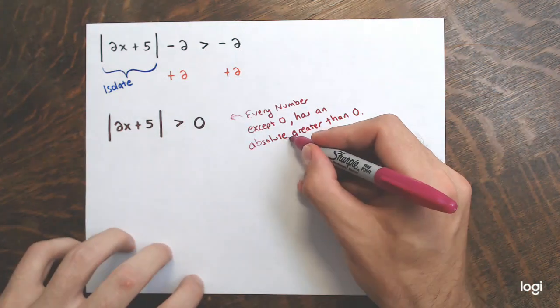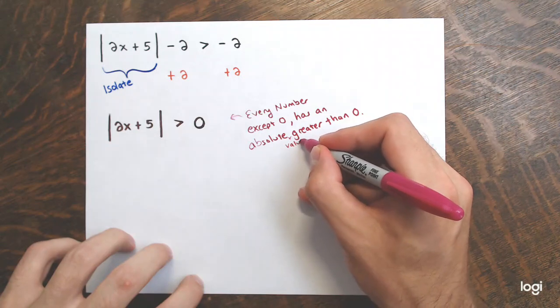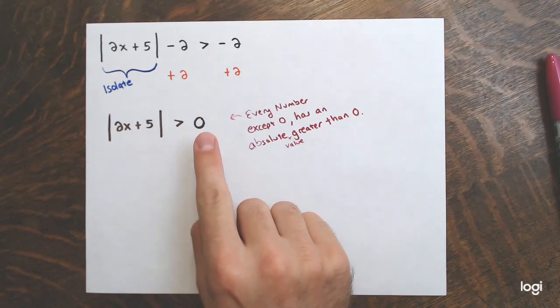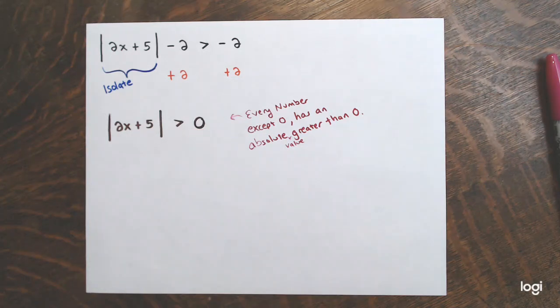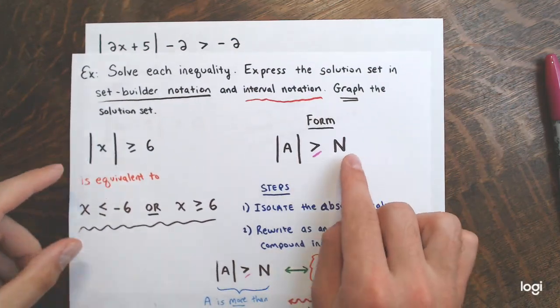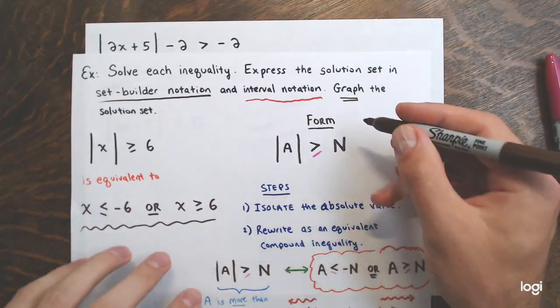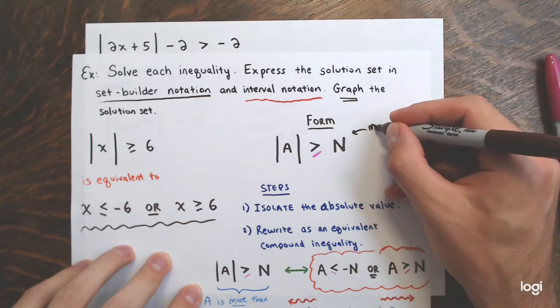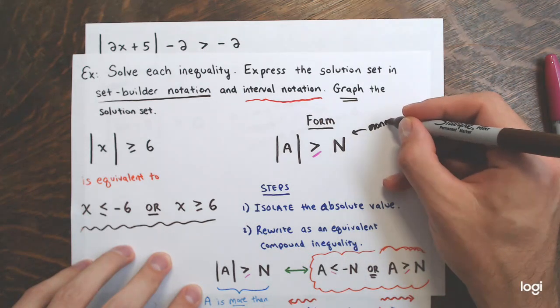Oops, sorry, has an absolute value greater than 0. And 0 is still not negative, right? If I go back to that first page, when I'm looking at things of this form, I probably should have written this earlier, but I would like this number over here to be non-negative.